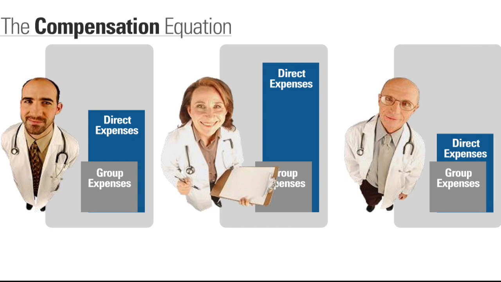This modified method recognizes that some physicians may choose to incur greater expenses than other physicians in the group, such as in levels of health, life, dental, disability insurance coverage, and that they should bear the cost. At the same time, it recognizes that many expense items, such as office rent, should be shared equally because office space must be available for every physician, whether that physician chooses to use it fully or not.